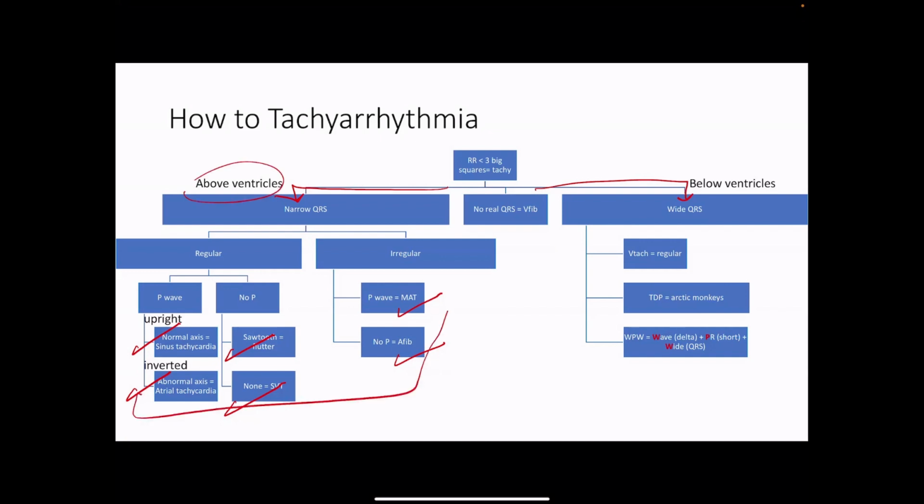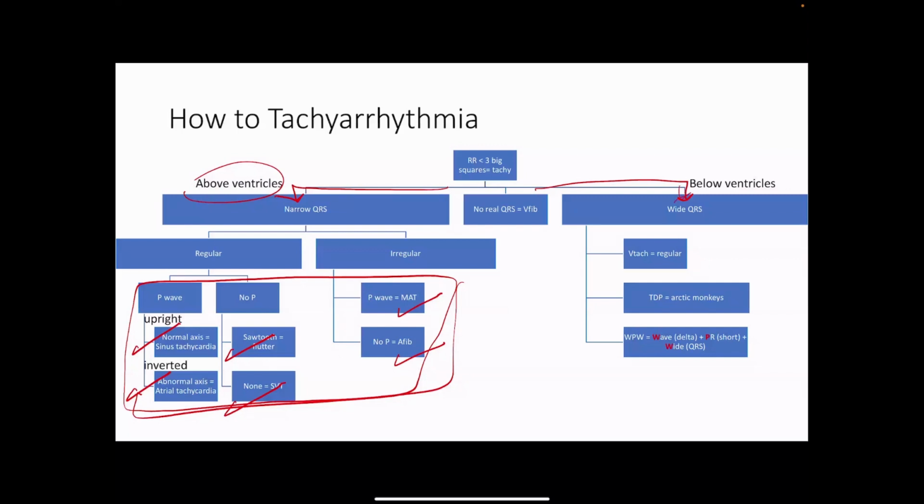That's why all these pathologies are atrial. Atrial flutter, atrial fibrillation, atrial tachycardia, multifocal atrial, it's all atrial. Because narrow QRS means the ventricles are normal, problem is coming from above the ventricles, okay? So whether it's a problem in the sinus node, a problem in circuits that are happening in the atria, whatever it is, it's just above the ventricles.